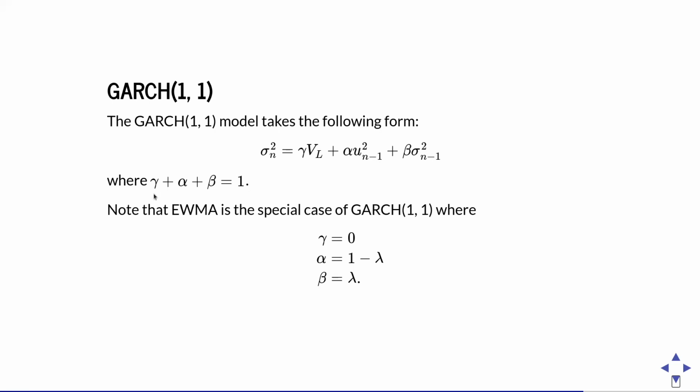We need all these coefficients to sum to 1. And the exponentially weighted moving average is a special case where gamma is equal to 0, alpha is equal to 1 minus lambda, and beta is equal to lambda.